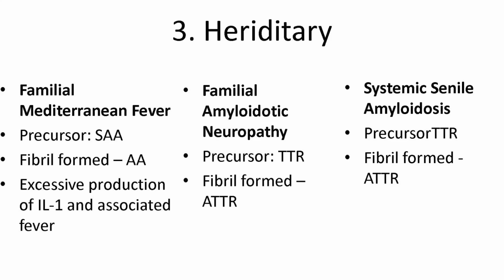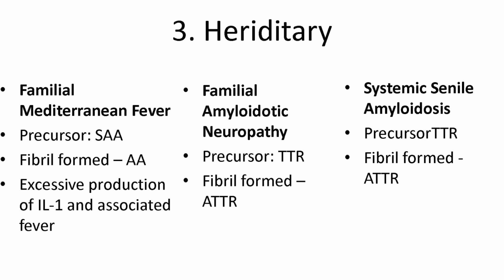Hereditary types have been classified into 3. The first one is the familial Mediterranean fever, and the second and the third are familial amyloidotic neuropathy and systemic senile amyloidosis. In familial amyloidotic neuropathy and in systemic senile amyloidosis, what is seen to be aggregated is the TTR forms.